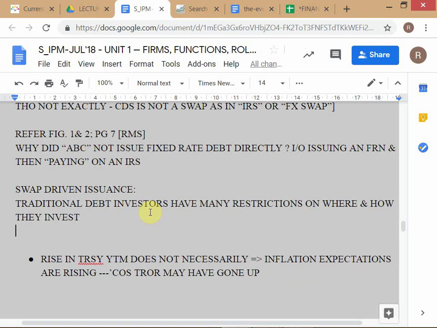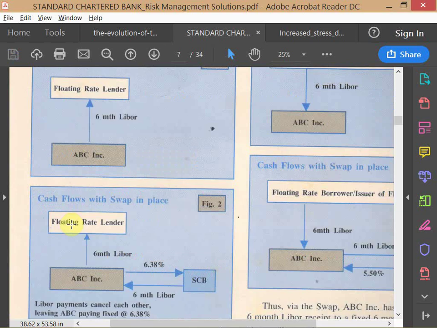So this may mean, for instance, in this example, remember how a debt issue is managed. ABC says that I need $100 million of funding for 5 years. So ABC tells the origination team of the investment bank, remember all these concepts which we are recapping. ABC will be the issuer.